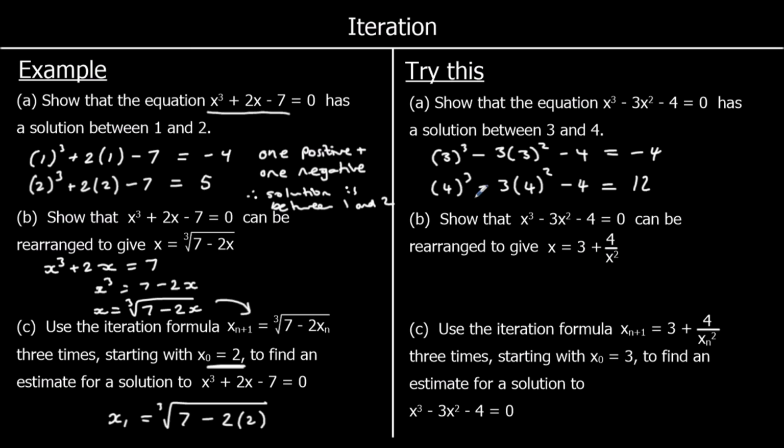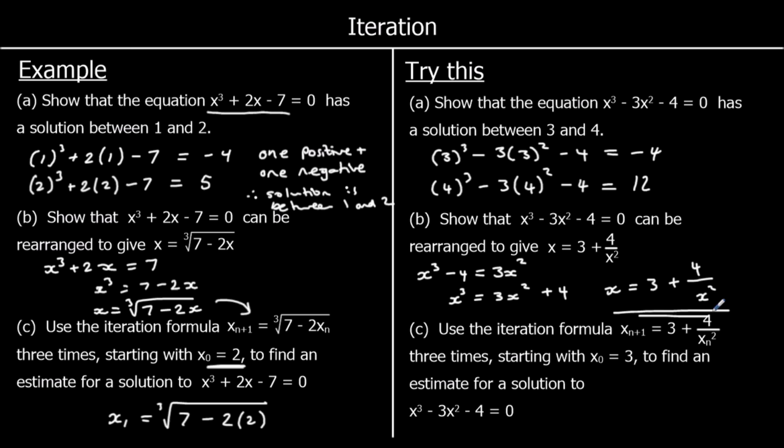So if we add 3x squared to both sides, so x cubed minus 4 equals 3x squared, and then add 4 to both sides, x cubed equals 3x squared plus 4, and then divide both sides by x squared, or divide every term by x squared. That will give us x equals 3 plus 4 over x squared.